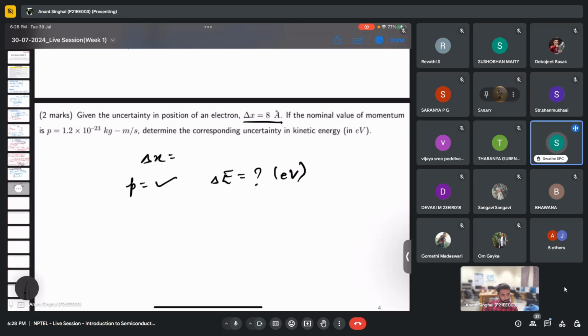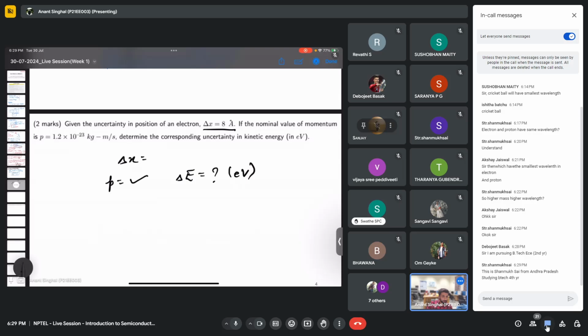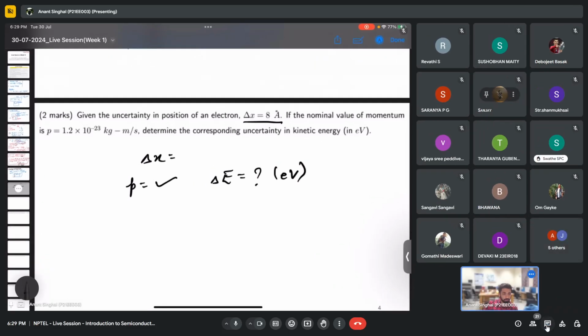I'm Swati from Shakti Polytechnic College, Erode, second year student, Triple E. Okay, so the same college as Sangavi, right? Yes, sir. Okay, I'm getting some in the chat box. So you are studying from Andhra Pradesh. Okay. Fine, anyone can go next. Whosoever feels like talking can, otherwise they can type in the chat box. Everything is fine by me.